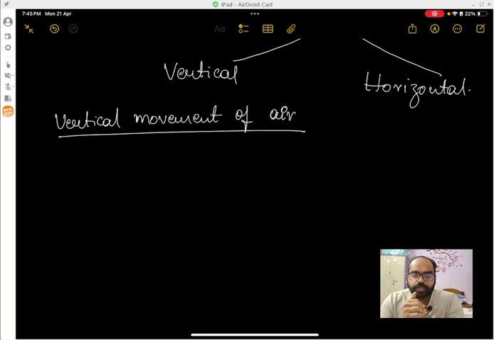I have explained that as the air particles get heated up, they develop a tendency to rise upwards to become stable. Let's look into that.